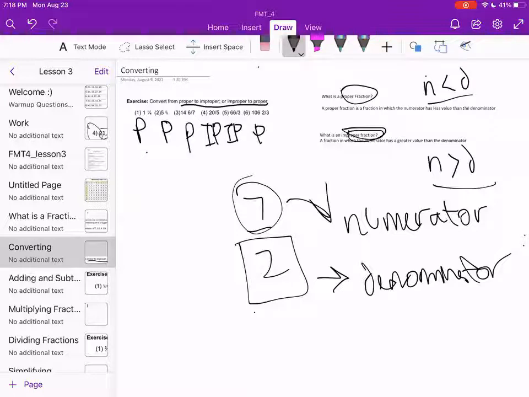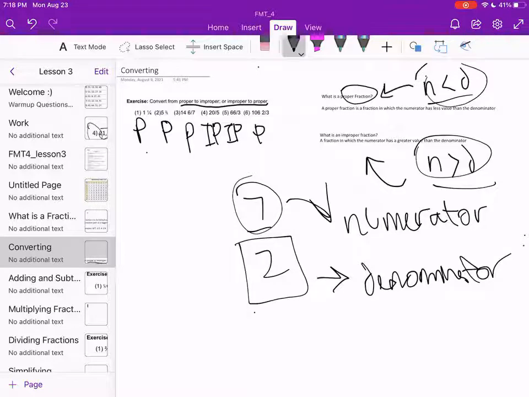So when you look at the fraction, if the numerator is greater than the denominator, then it is going to be an improper fraction. But when the numerator is less than the denominator, then it's going to be a proper fraction.